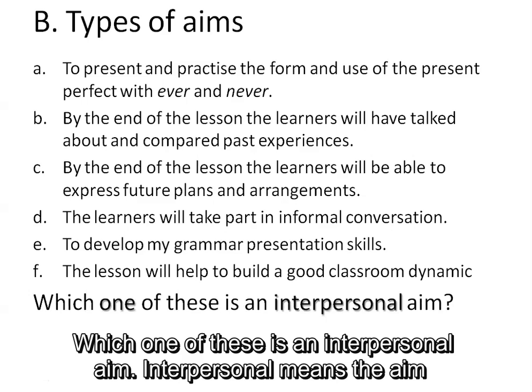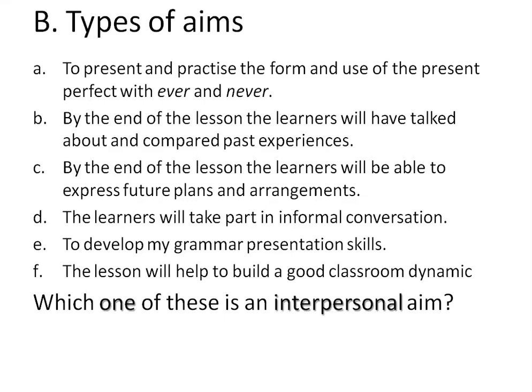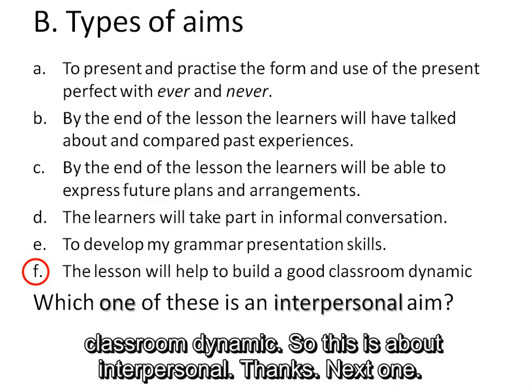Which one of these is an interpersonal aim? Interpersonal means the aim where you develop social connections within your class. And the right answer is F, to build a good classroom dynamic. So this is about interpersonal things.